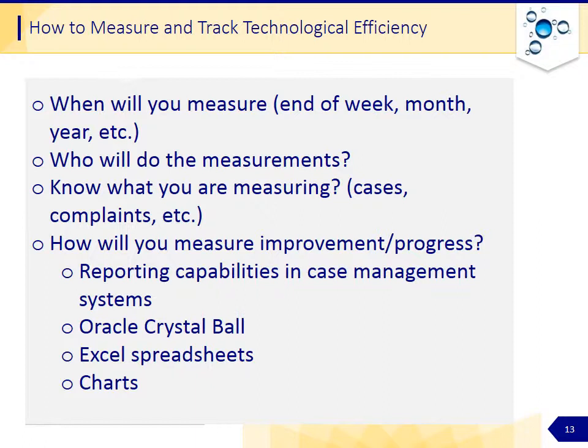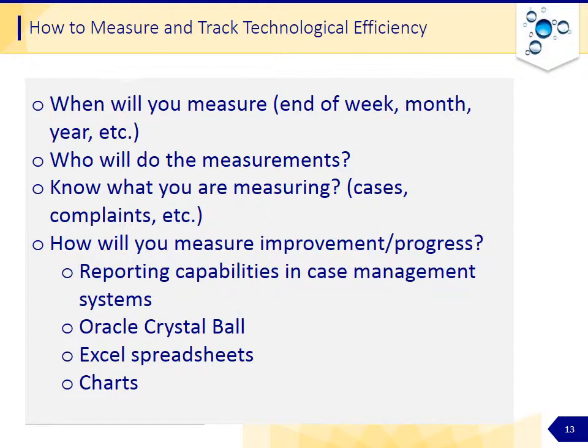So now let's talk about how to measure and track technological efficiency, because again, Six Sigma is not just about finding problems. Okay, this is a problem. The goal is to be able to reduce and altogether eliminate that problem, that error.